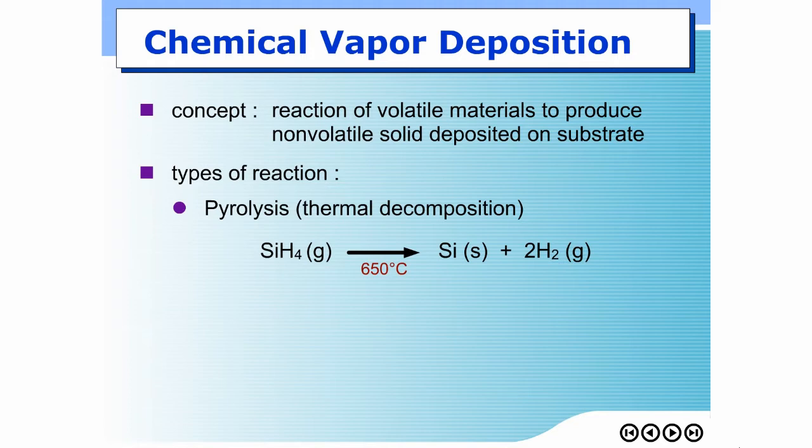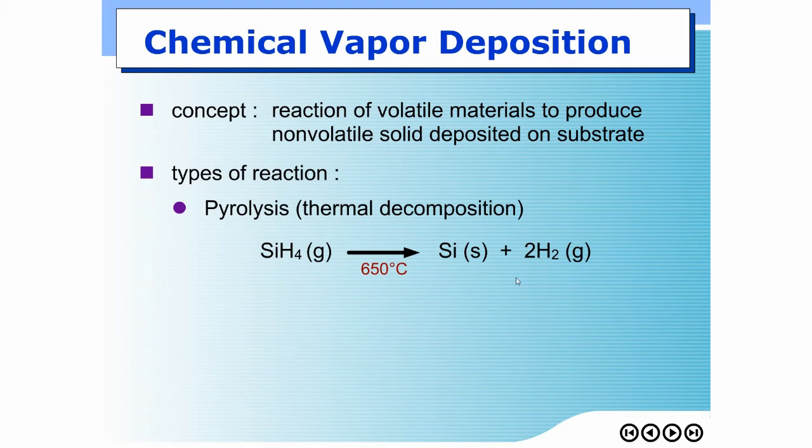And you should notice that on the right hand side of the reaction, only silicon is the product of choice. This is what we choose to deposit on the substrate. The rest is supposed to be gas, so that we do not have any impurities deposited as well, and it would be easier to remove this byproduct from the system.